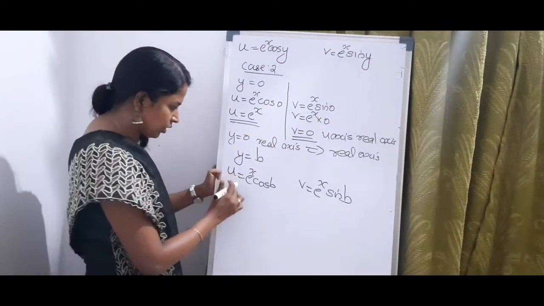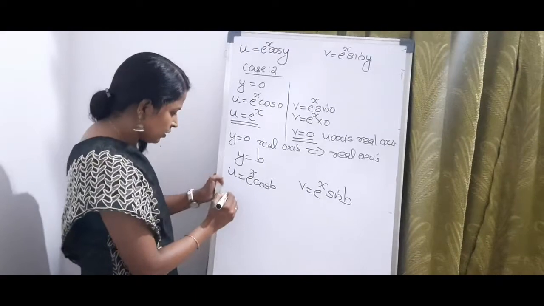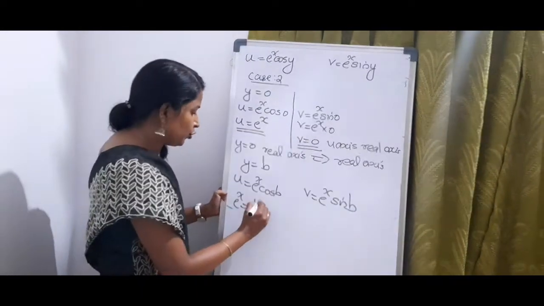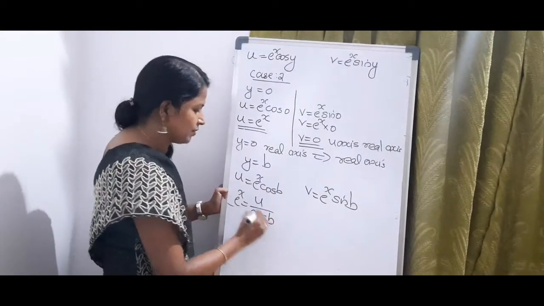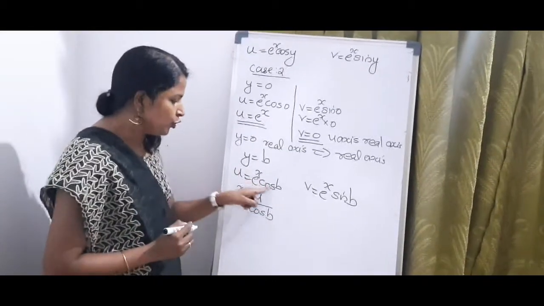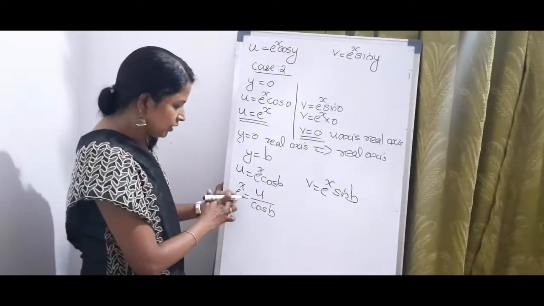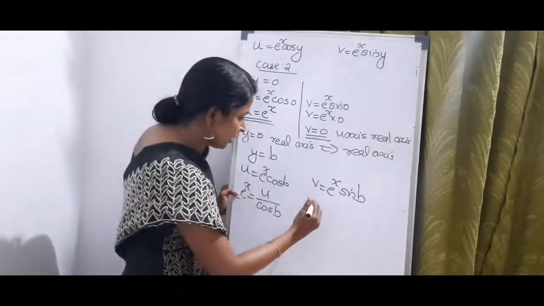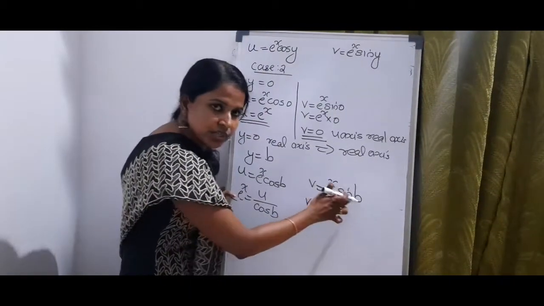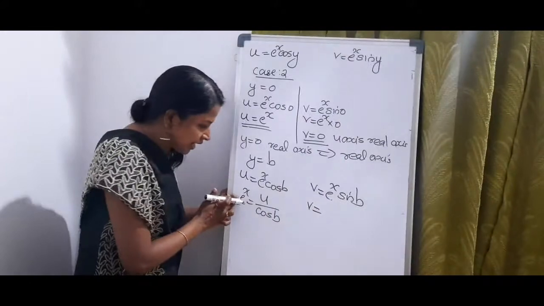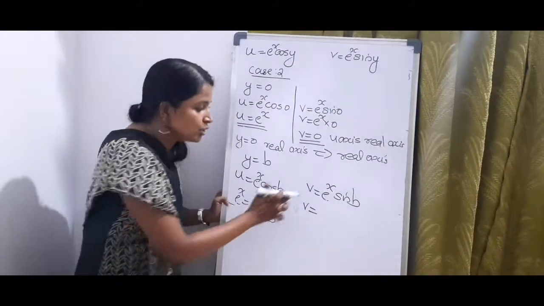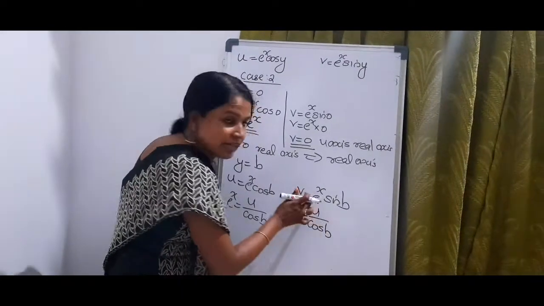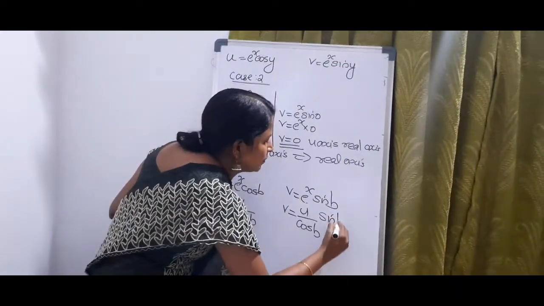From the first equation, we get e raised to x equal to u by cos b. Then substitute this e raised to x in the second equation, so v equals e raised to x into sin b, and we substitute u by cos b for e raised to x.